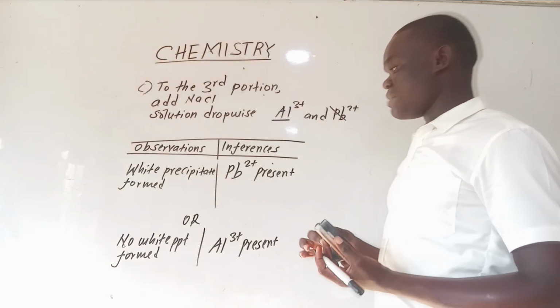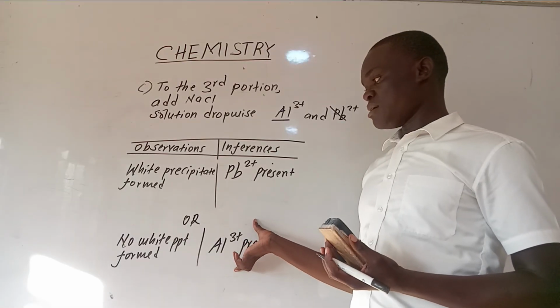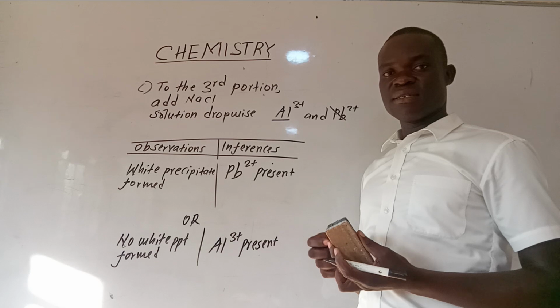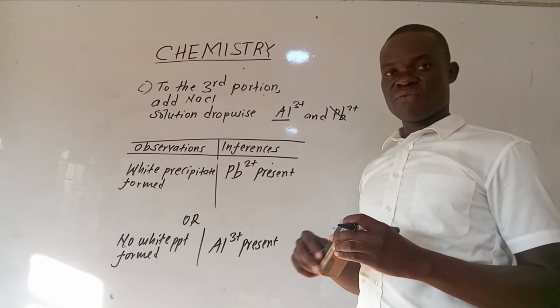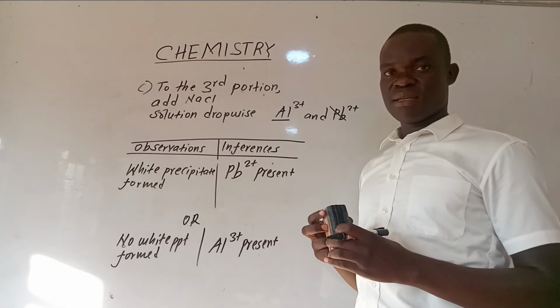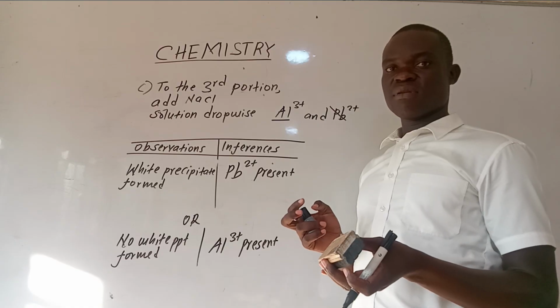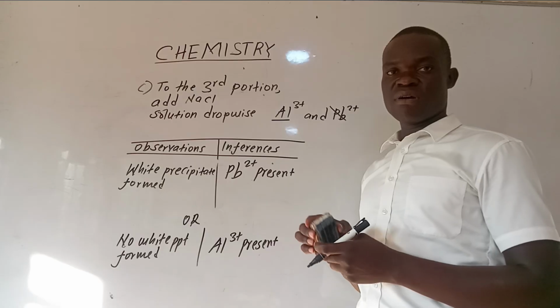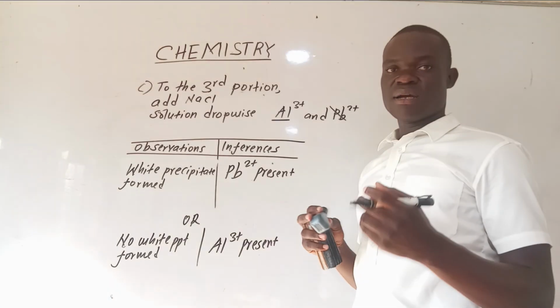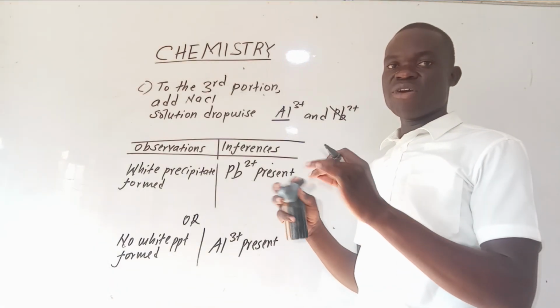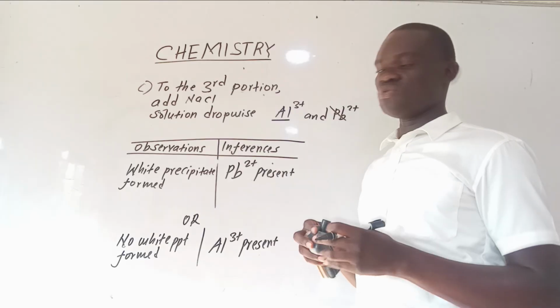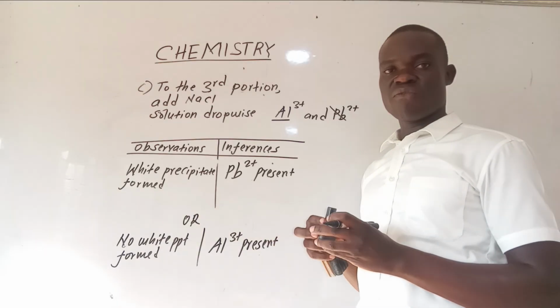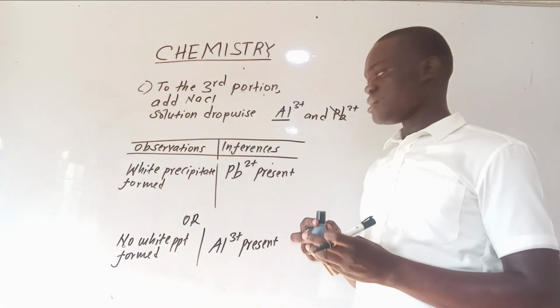So if we end up with this answer, then our conclusion is that part of the component of the solid given was aluminium. So at this point, we move to the next question to test for an ion that was in that solution, because it was a compound of aluminium and another part is an ion.